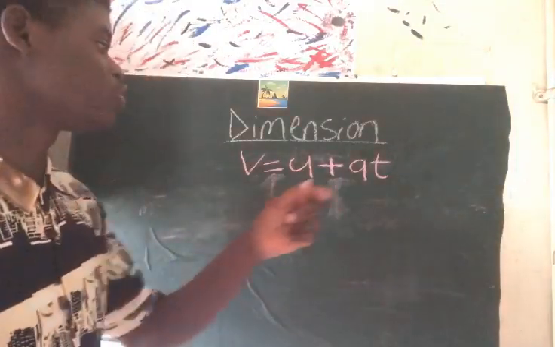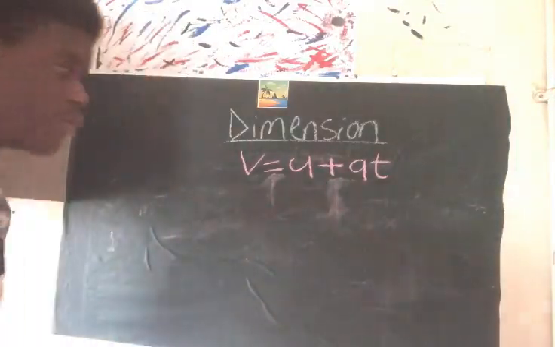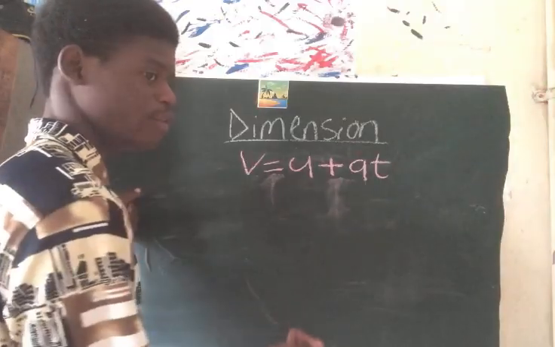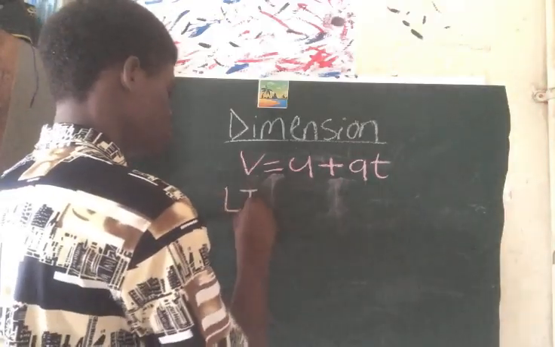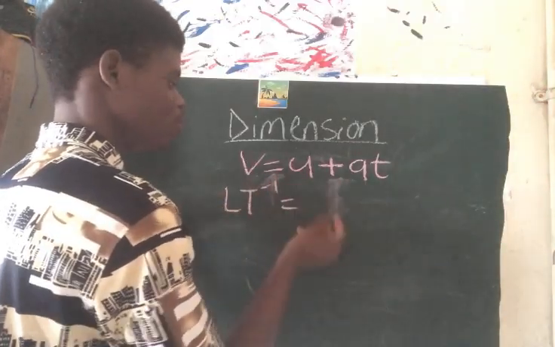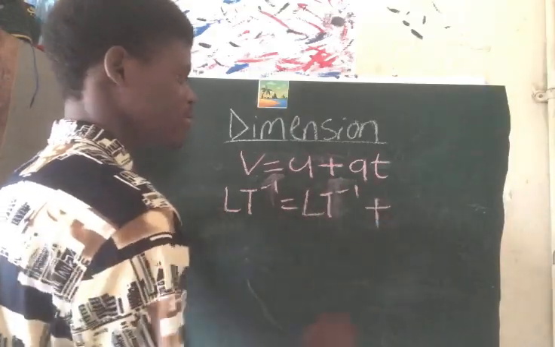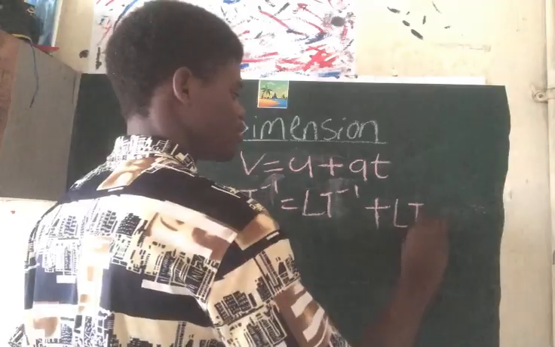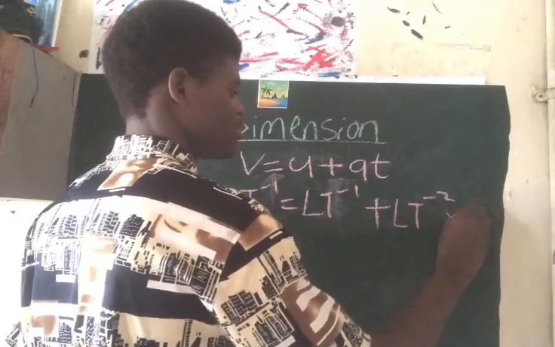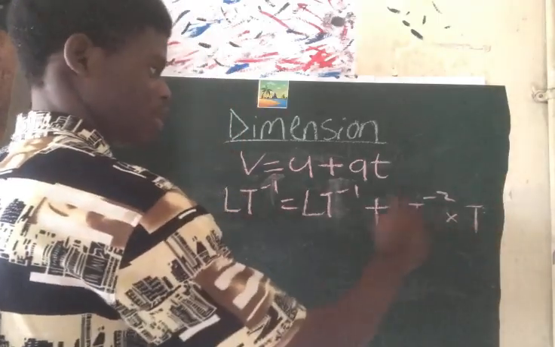So to prove that this equation is correct, you just have to look for the dimension of each term. The dimension of v is velocity, which is LT raised to power minus 1. The dimension of u is also velocity, LT raised to power minus 1, plus acceleration, LT raised to power minus 2, times time.